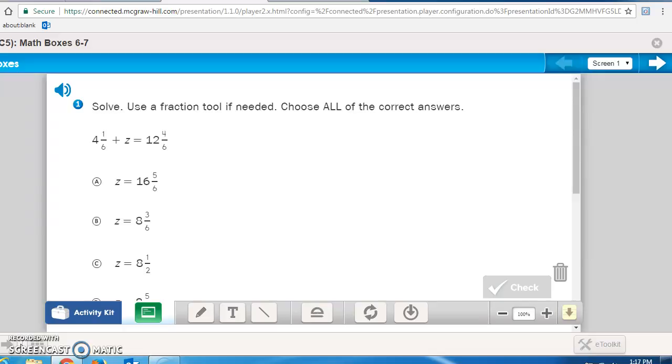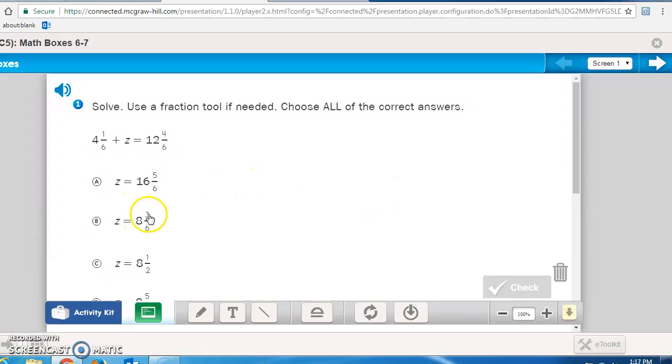Math Journal page 208. Math box 1 says solve. Use a fraction tool if needed. Choose all of the correct answers. 4 and 1/6 plus what equals 12 and 4/6? Could you put the number 16 and 5/6 in this place, and would you have a true statement? If you say yes, I want to see your work over here.